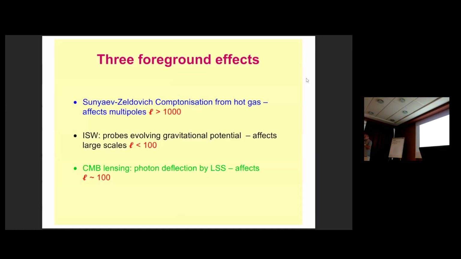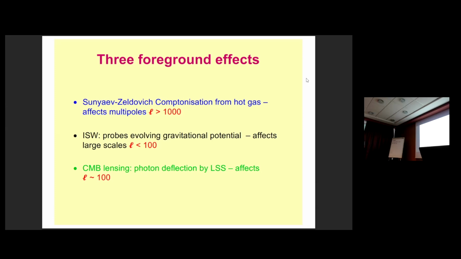Now, you can categorize this into three different effects in which foreground structure imprints itself on the microwave background. There's Compton scattering, the Sunyaev-Zeldovich effect. There's the ISW, the integrated Sachs-Wolfe effect, which represents the effects of gravitational potentials evolving with time, changing photon energy.